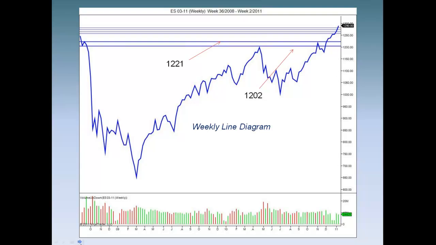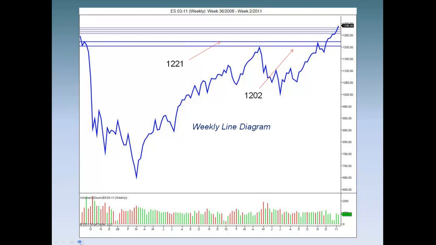So you want to look at what's happening to price as it approaches that zone of support or resistance. And by zone, I mean the price around 1221. So it could be anywhere from 1220 to 1222. The area around that number gives us the zone of support.